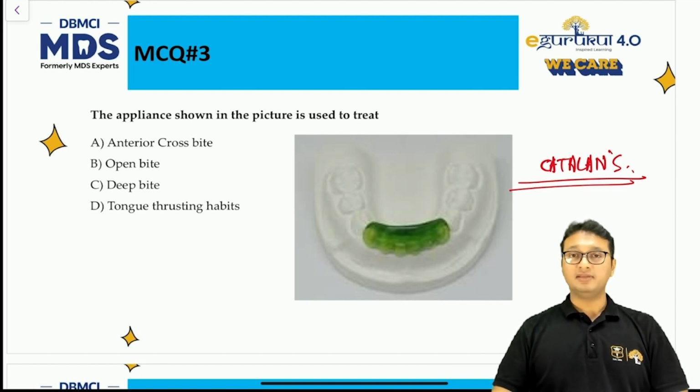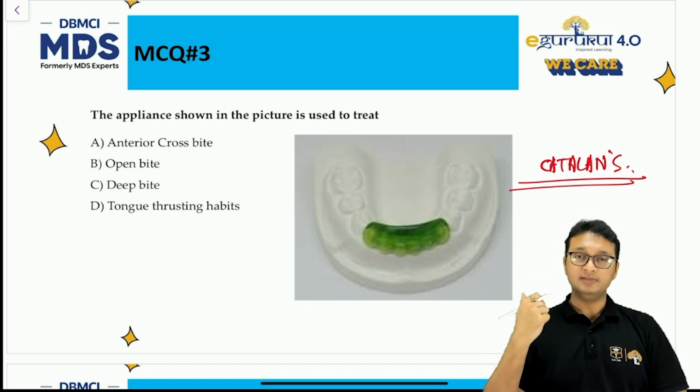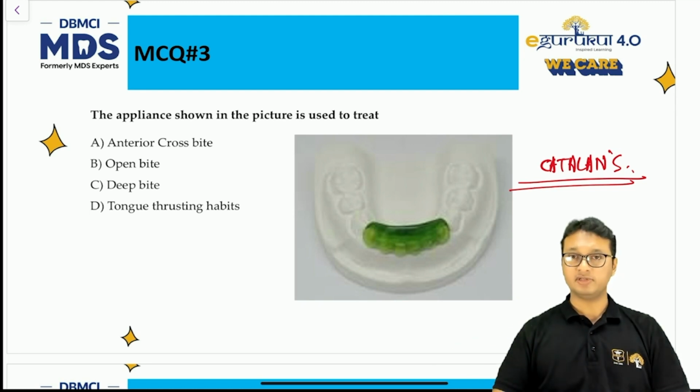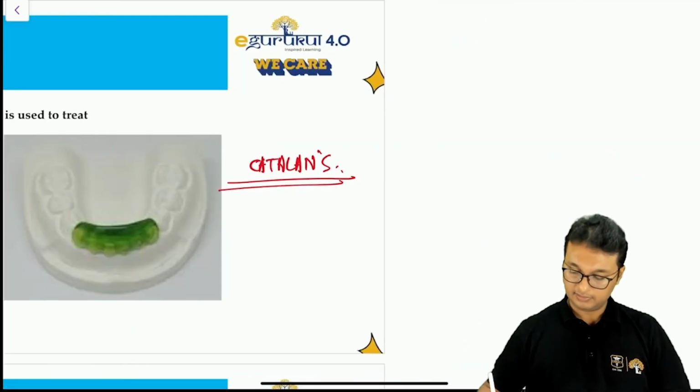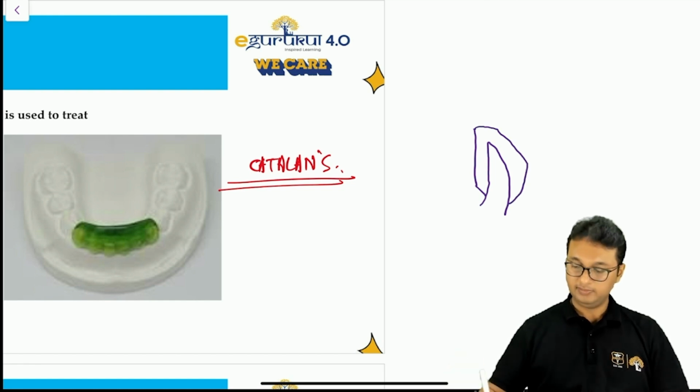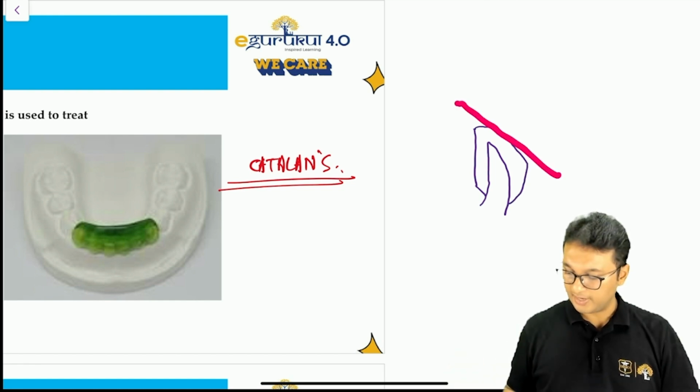So Catlan's appliance, although it is an acrylic appliance, is a fixed appliance. It is cemented onto the facial surfaces of the lower anterior region. So if we draw a cross section of this appliance, this is the lower anterior. This appliance is cemented onto the lower anterior, and it has a 45-degree angulation.